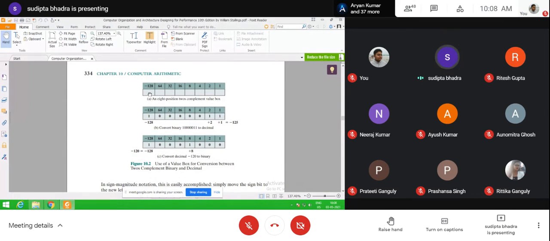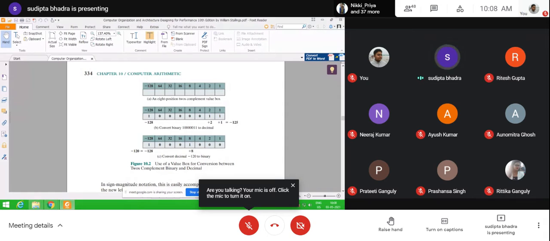Among the 8 bits, there is a particular MSB, the seventh bit. If it is 1, it means minus 128. Now here you see that in sign magnitude, the seventh bit is 0 in case of a positive number and 1 in case of a negative number.